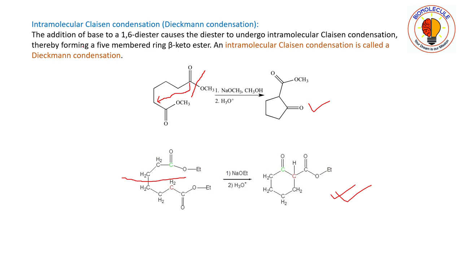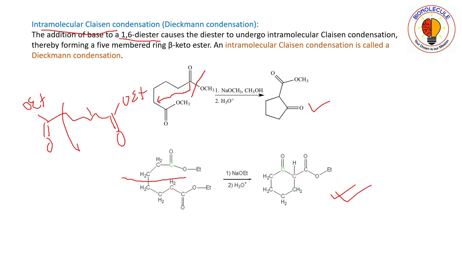Now see here, you need not have a 1,6-diester only. For this intramolecular Claisen condensation, you need two ester groups in the same molecule.